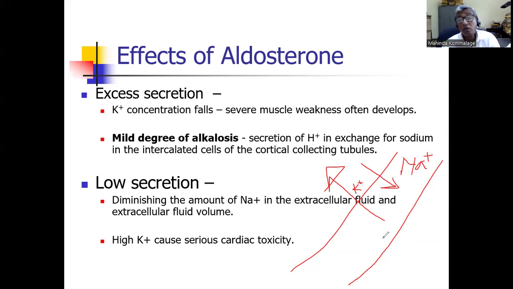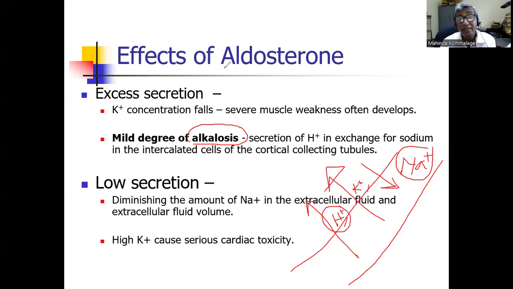So when one sodium is reabsorbed, either one potassium or one H plus will be removed, right? So if there's excess aldosterone, sodium level will increase. More sodium will be reabsorbed, but more potassium and more H plus will be removed. If more H plus is removed, alkalosis will occur. That means a reduction of H plus level in the body, right?